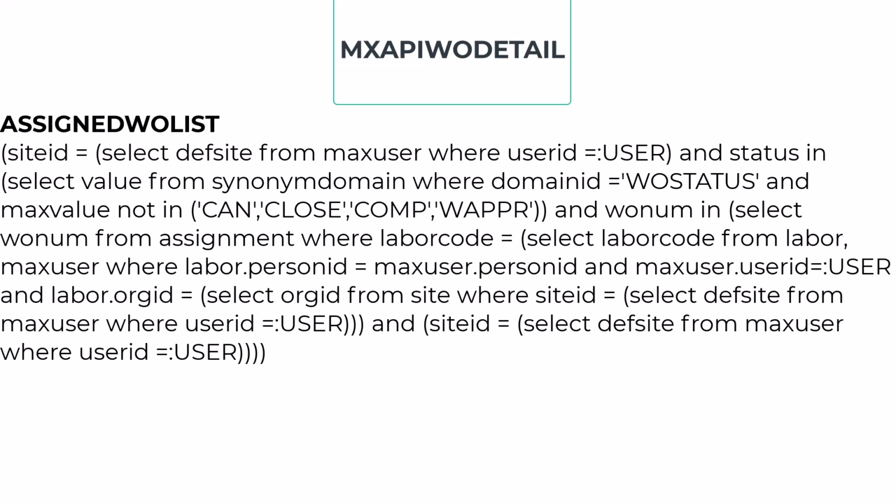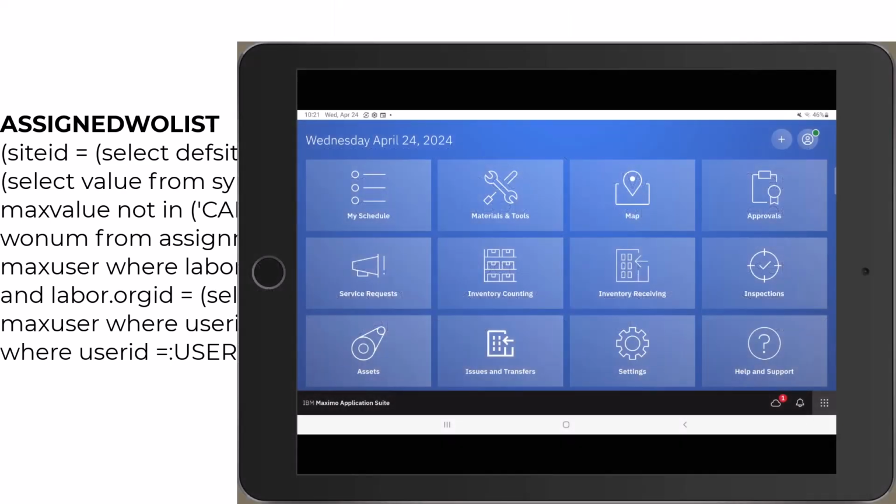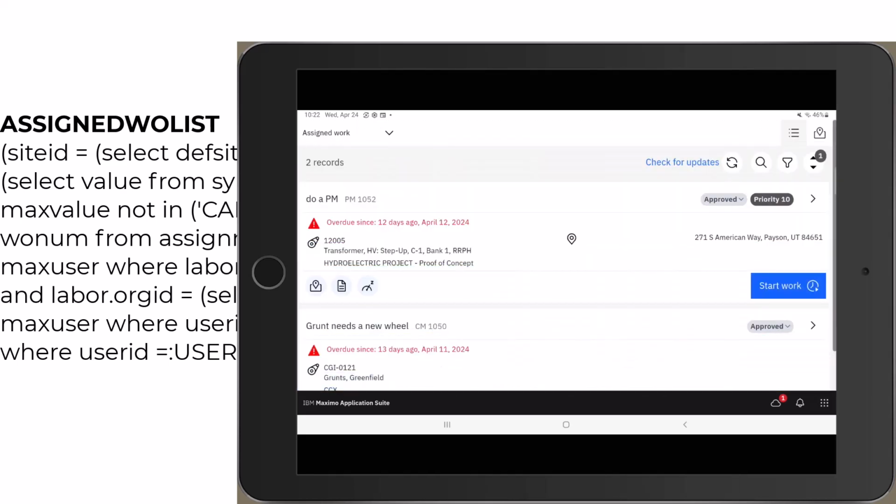So for example, here is the query on the MX API WO detail object structure. In order for the user to see a work order record in their list of work orders that come by way of the assigned work drop-down in the Technician or My Schedule application, the criteria needs to be the following.